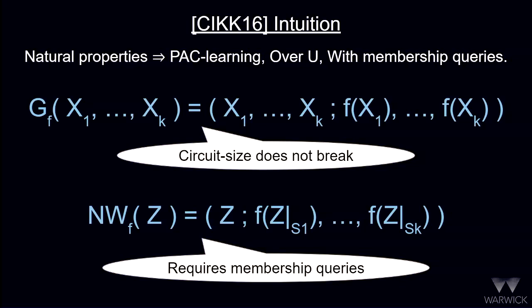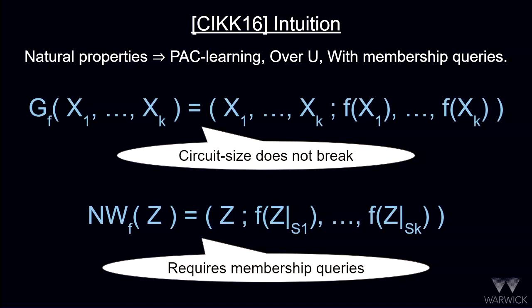Which is why the authors of CIKK turned to the slightly more complicated construction of Nisan and Wigderson. The point is that NW is much more economical in its use of the random seed Z. It's using and reusing Z to get a lot more stretch out of the generator.